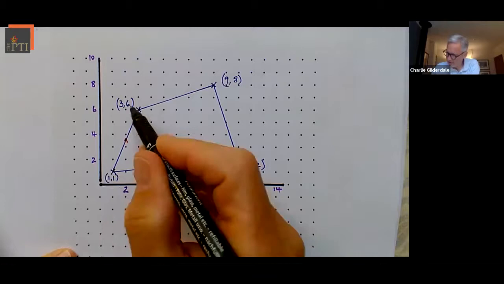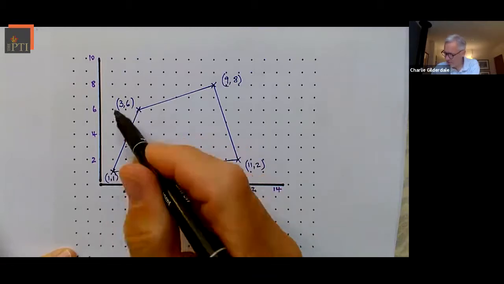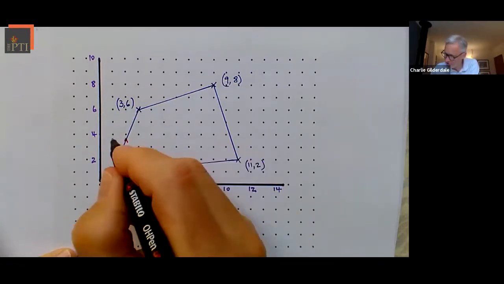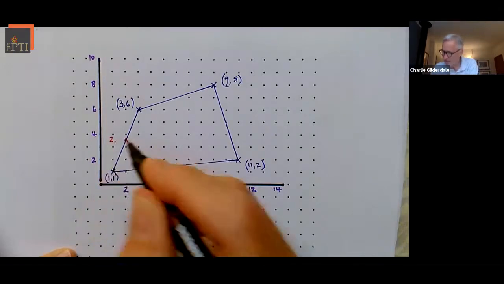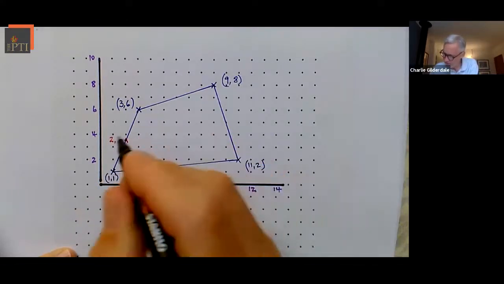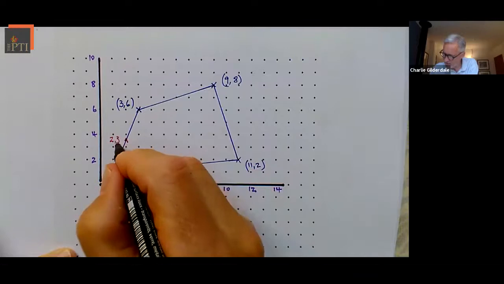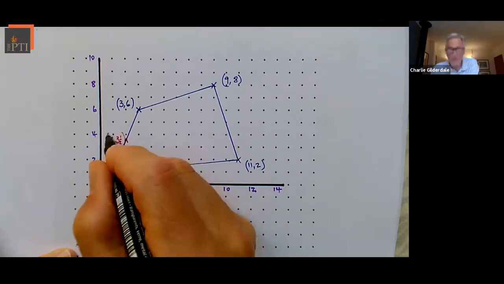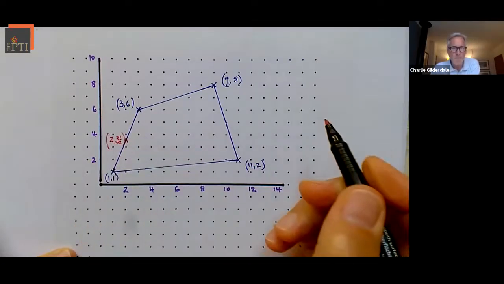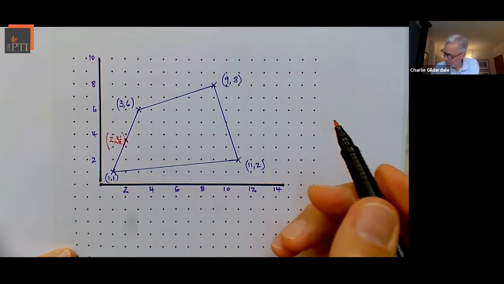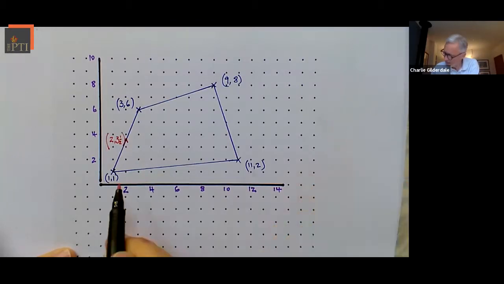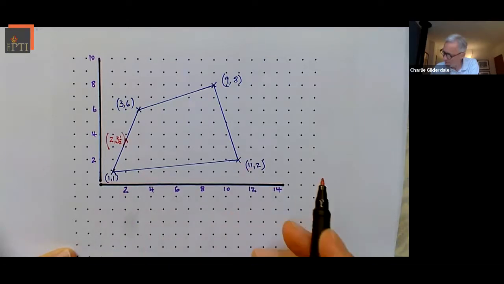So between 1, 1 and 3, 6, the x coordinates add up to 4, so the average is 2, and the y coordinates add up to 7, so the average is 3.5. I've got 1 and 11, then up to 12, so the average is 6.